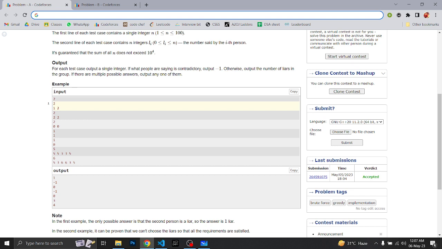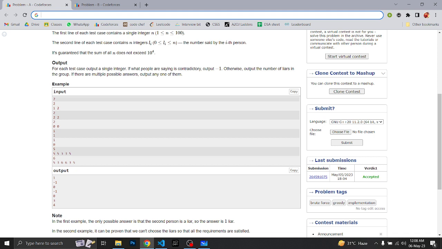So we consider the first person as truthful and the second person as a liar, then this condition will be satisfied, and according to that there is a total of one liar in the group. According to that we will check all the test cases.